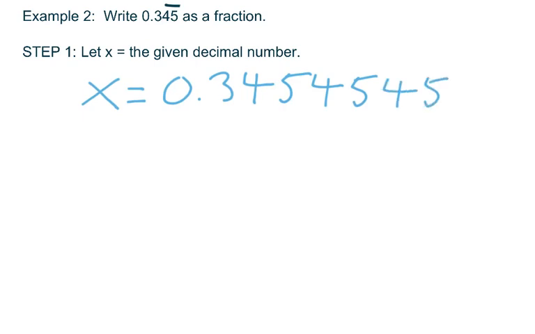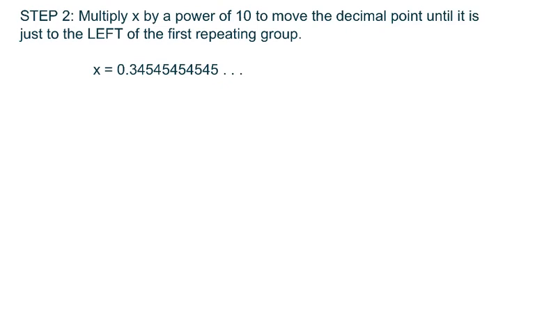Not the 3, it's not part of the pattern, but 0.3, 4-5, 4-5, 4-5, 4-5, 4-5, 4-5, and so on and so forth. Now step 2 may have seemed kind of silly before, but it's going to make a little bit more sense here.